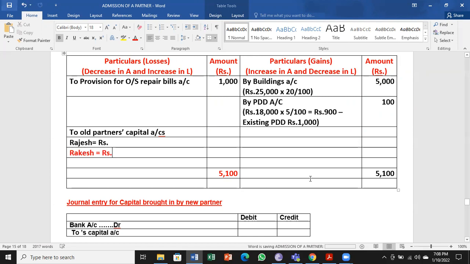So let us see the difference. 5,100 minus 1,000, which is on the debit side. So when you see the balance, you will get 4,100 as the balance. That 4,100 rupees is to be divided among the partners in the ratio 3:2. Sir, 2,460. 2,460.